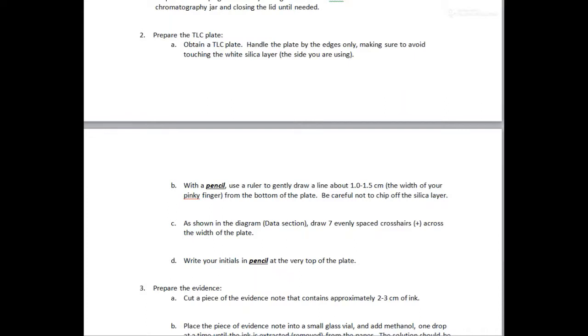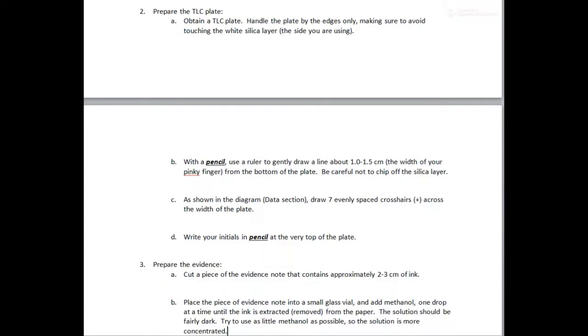With a pencil, use a ruler gently to draw a line about 1 to 1.5 centimeter from the bottom of the plate, and do not chip off the silica layer. Then you draw evenly spaced crosshairs along that line, and you can spot the different samples on the plate.